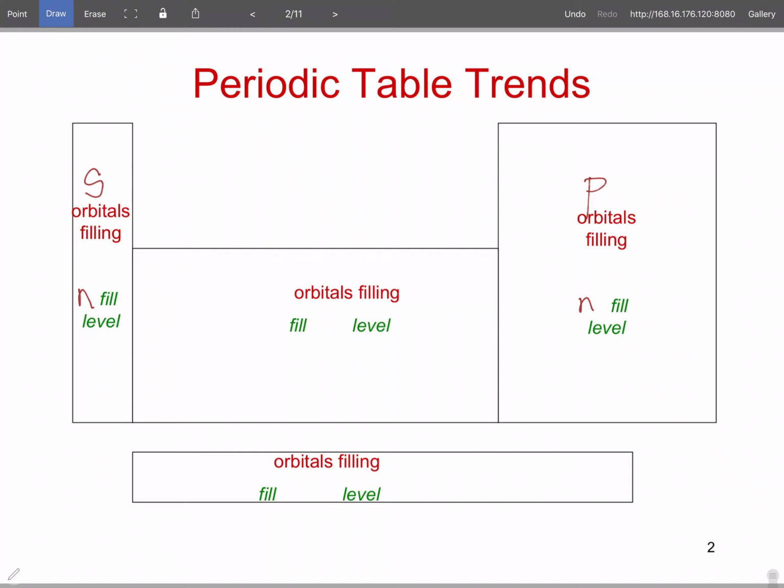Now, once you get into the d's, that's the transition metals. That's the d orbitals in this section here, and you're going to fill one level below.